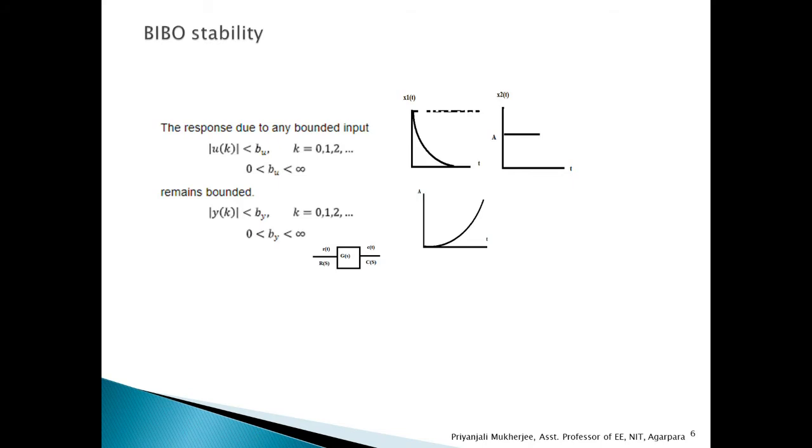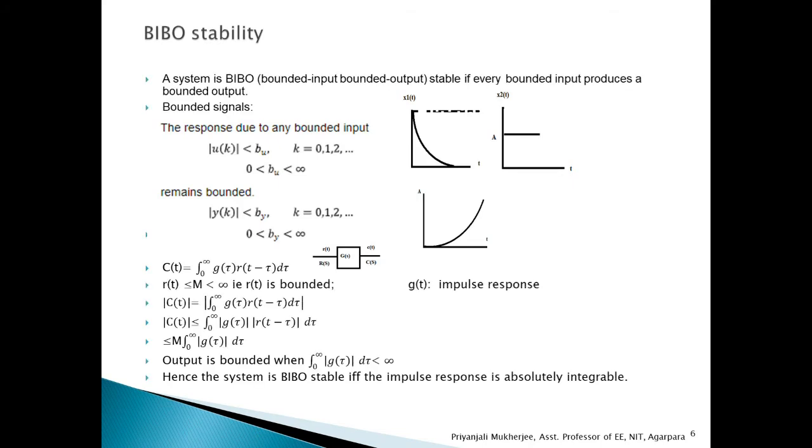BIBO means bounded input, bounded output stability, and these are examples of bounded signals. A bounded signal means it is bounded within a margin. If we consider this exponentially decaying function, then this signal is bounded between its peak value and 0, because it decays to 0 with respect to time t.